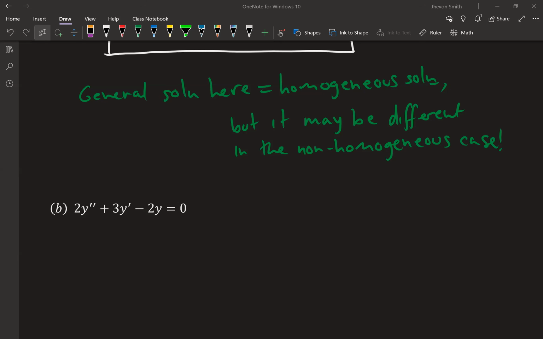Right, 2r squared plus 3r minus 2. Yeah, so you're going to say 2r squared plus 3r minus 2 equals 0. Then, how do we solve that? Yeah.